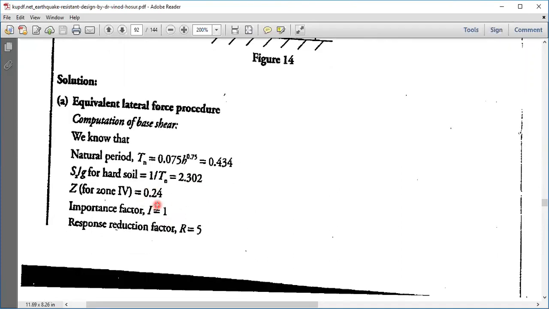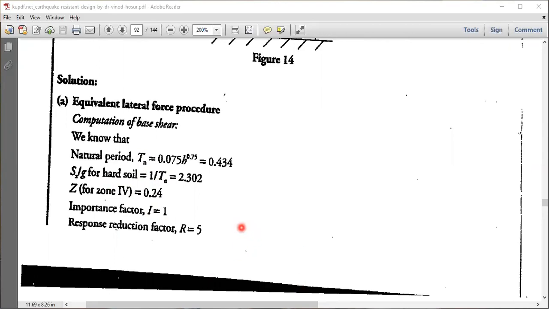Okay, then after writing these data, I have to calculate the natural period Tn to find the design acceleration. To find the natural period Tn, we have a set of formulas on page 21 of the code book. So let us go across page 21 here. These are a few of the values.